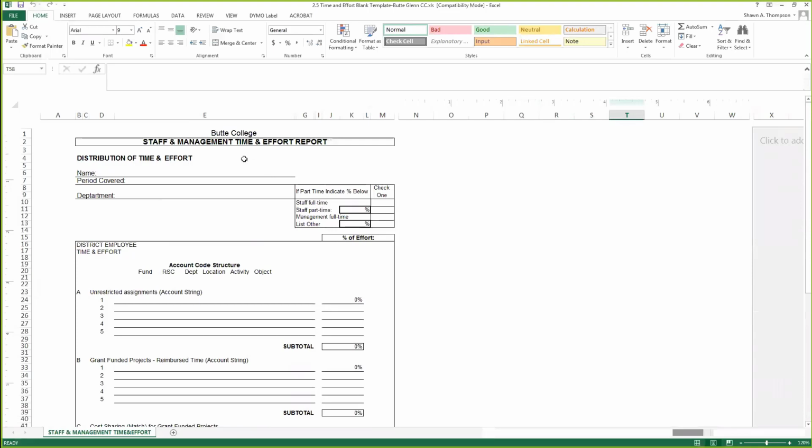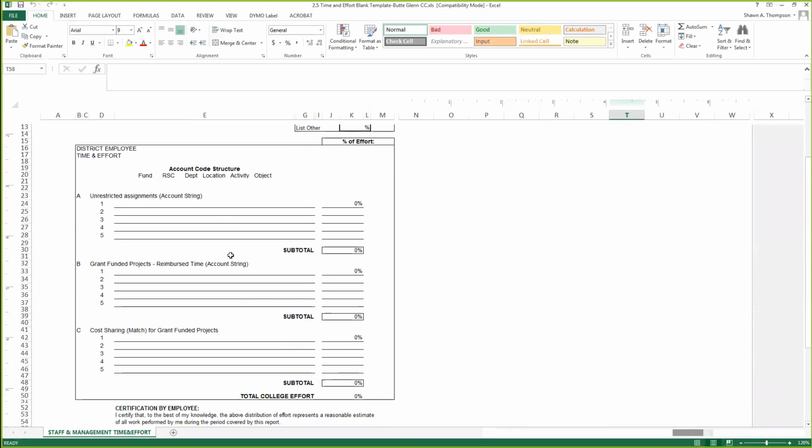So here's Butte College, staff, time and management, effort reporting. So the name, the period covered, and an option of if part-time, indicate the percentage below.